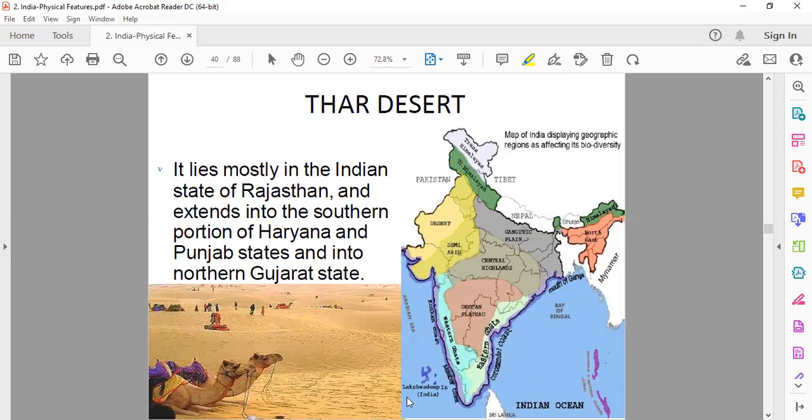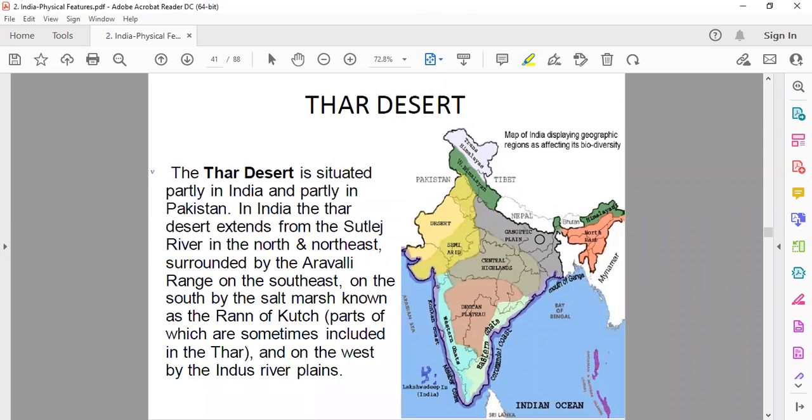It lies in the Indian state of Rajasthan and extends into the southern portion of Haryana and Punjab state and into northern Gujarat state. After that, please read once again, and slowly.